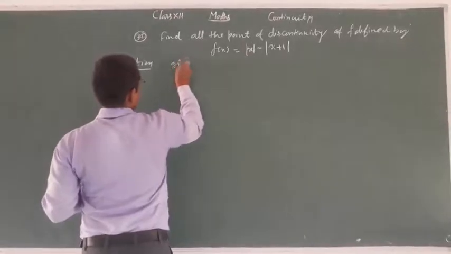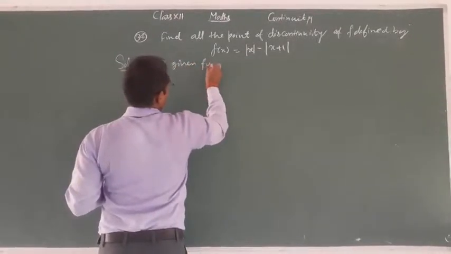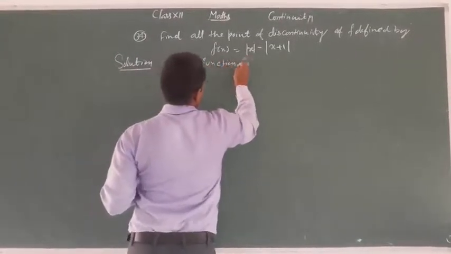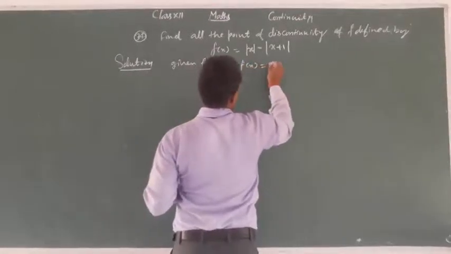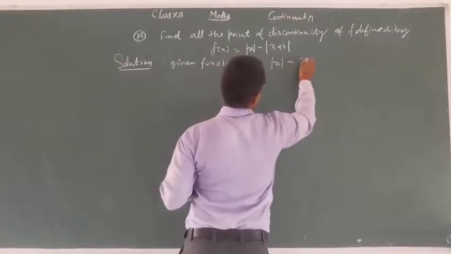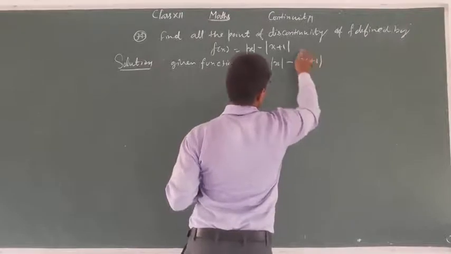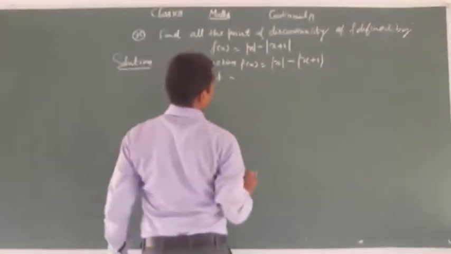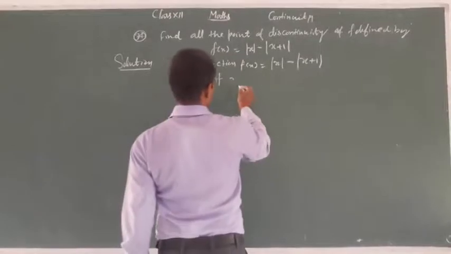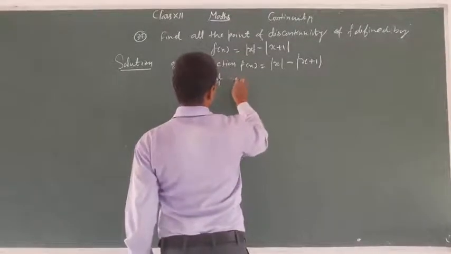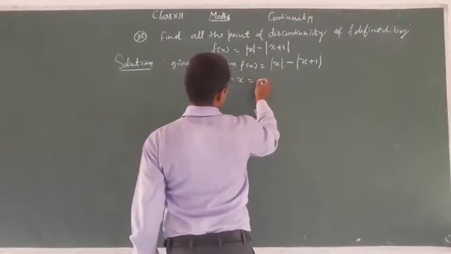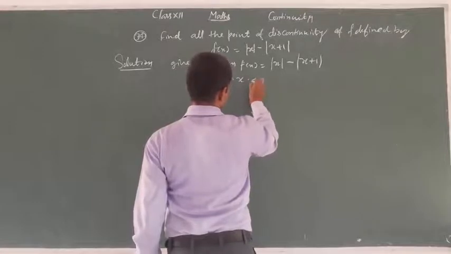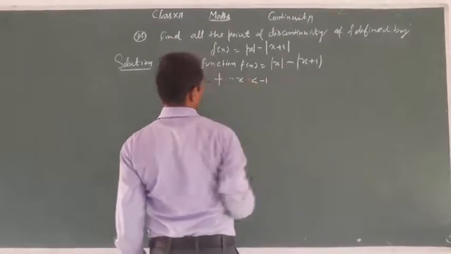Given function f(x) is equal to |x| minus |x plus 1|. Now if x less than 0, so we take a value x less than minus 1.